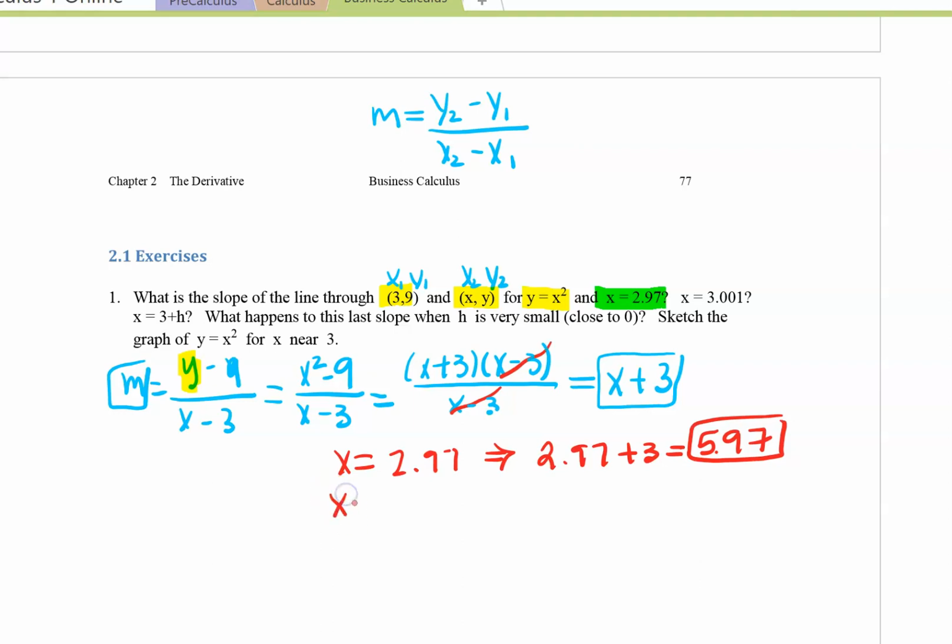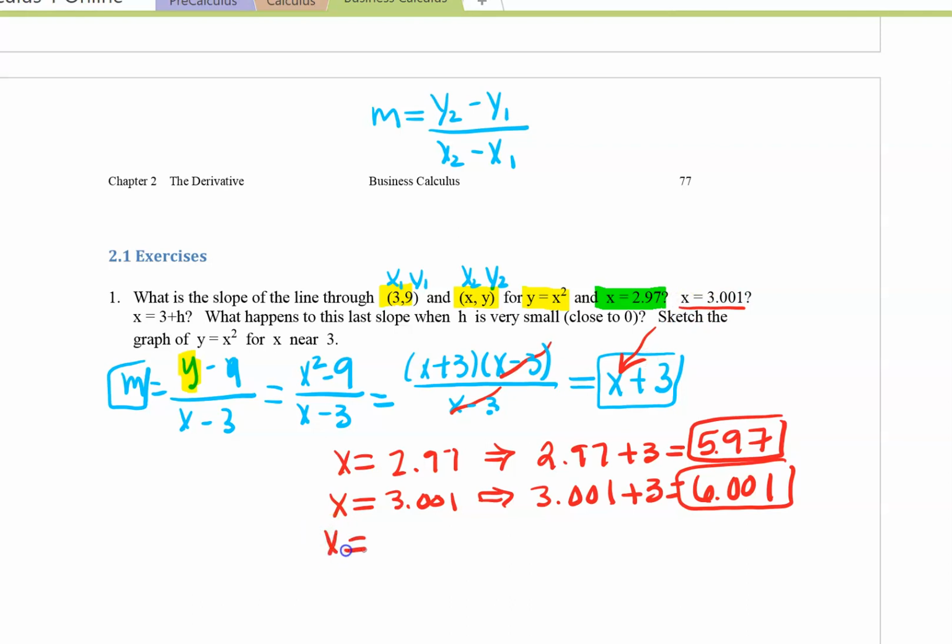Well, again, we've done all our legwork in the light blue writing there. So that would be 3.001 plus 3. So I get 6.001. And so you can see slightly moving on the other side of 3, I'm slightly on the other side of 6. And again, we're just plugging in for this x here, these different x values they give us.